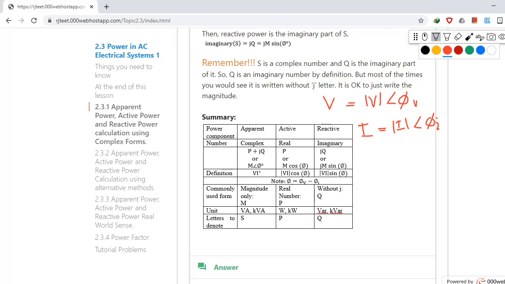And in such situation, what you need to do is to calculate active power directly.